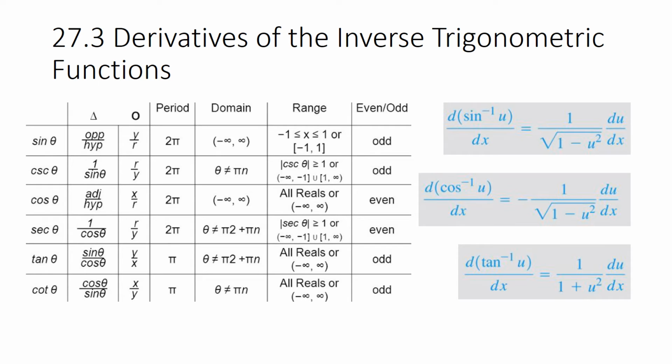So that shows us how that phase angle changes over time if we know how the arctangent is calculated. So the derivative of the arctangent is 1 over 1 plus u squared, times du/dx.